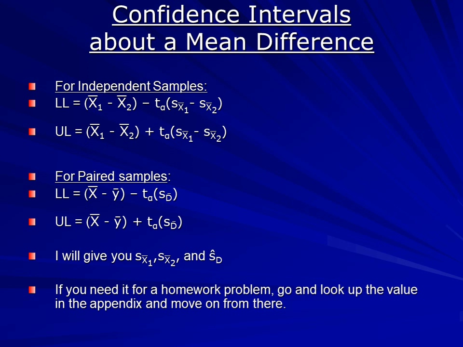As you see down here in the seventh bullet point, I'll give you these error terms. Your job is to look up the t value, and in the worksheet, I showed you how to look up the t value. Again, you use appendix C, table D. You're like, well, how do I figure out that t value?